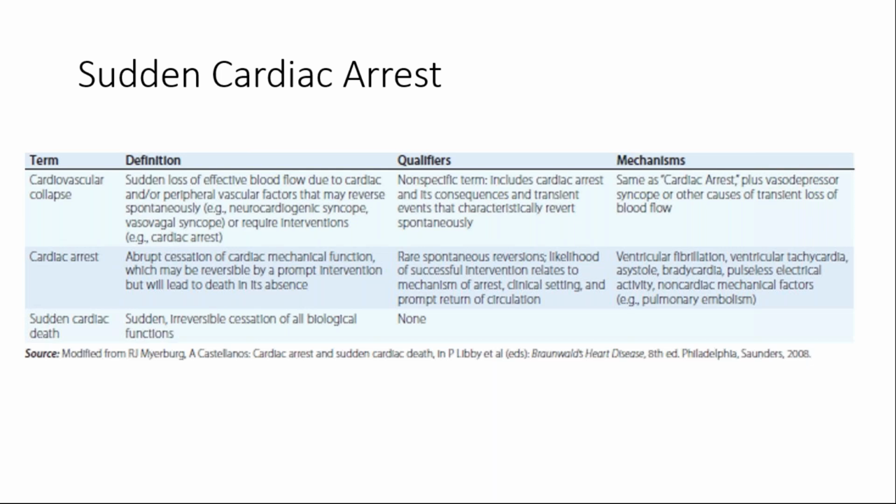That is abrupt cessation of cardiac mechanical function, which is reversible by prompt intervention, but if not intervened, will lead to death. And sudden cardiac death is sudden irreversible cessation of all biological functions. You cannot do anything about sudden cardiac death. What we can do is manage cardiovascular collapse and cardiac arrest, so that you can prevent sudden cardiac death.